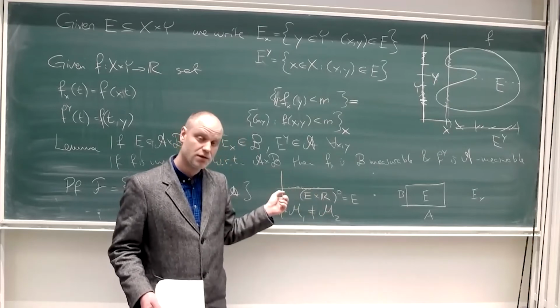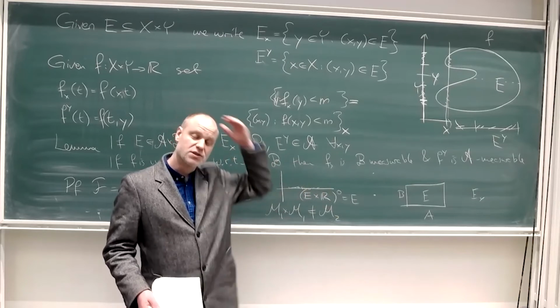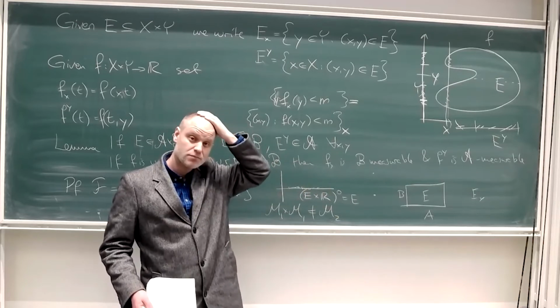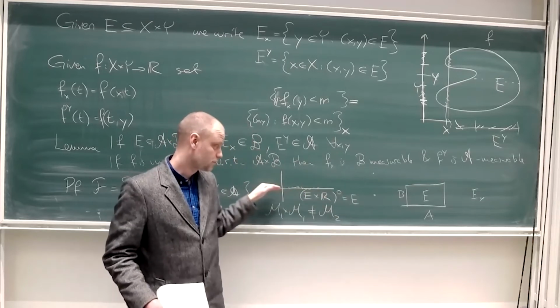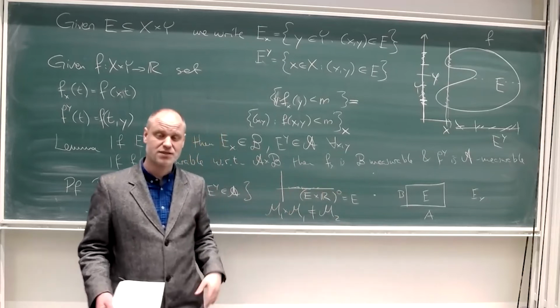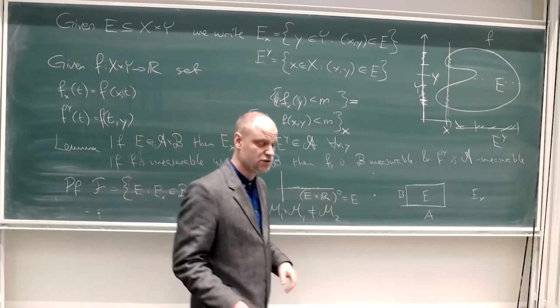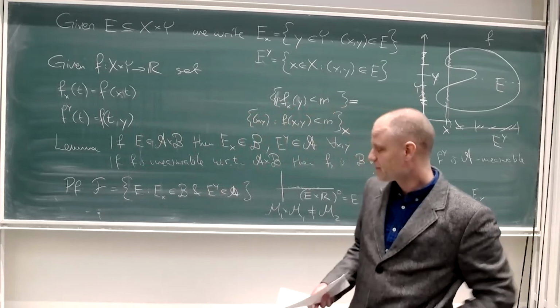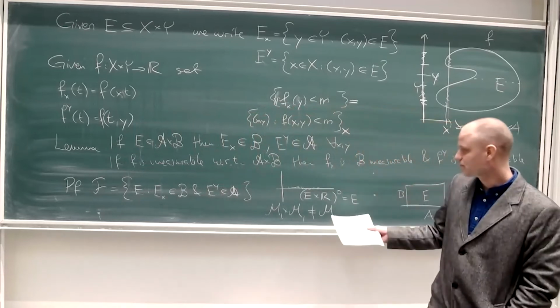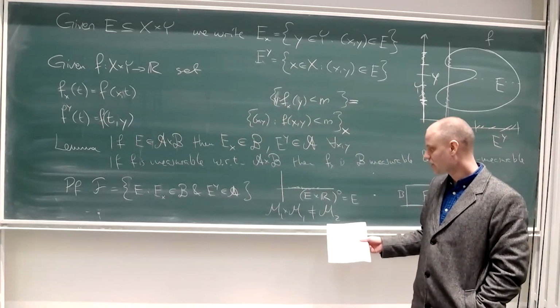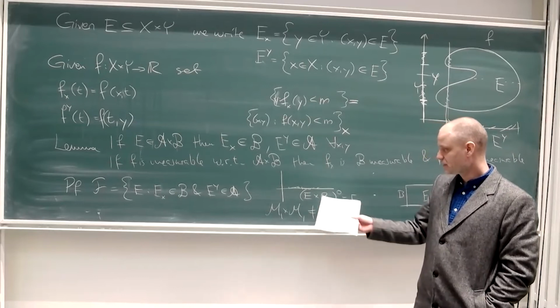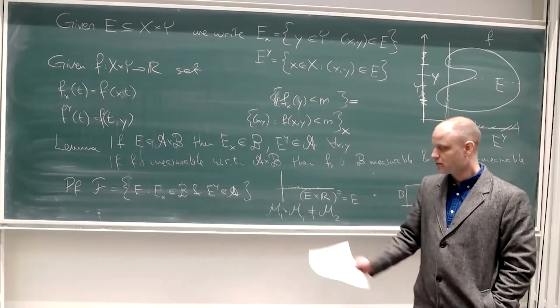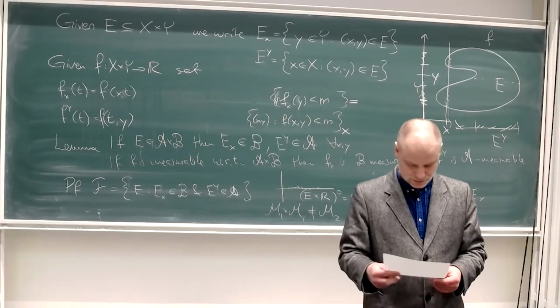Well, this is clearly measure 0 because it's a subset of the real line, the x-axis, so to speak. The x-axis has Lebesgue measure 0. That was some exercise back in chapter 1. Okay, so yeah, this set will be in here, but not in there. Okay, good.